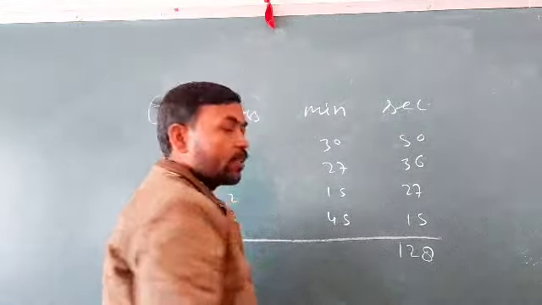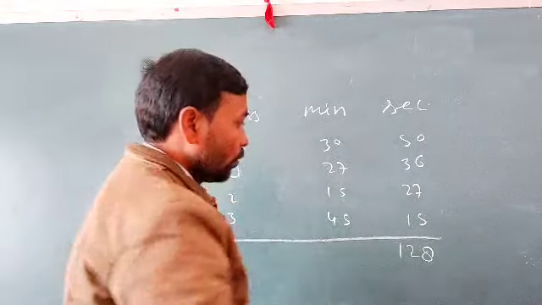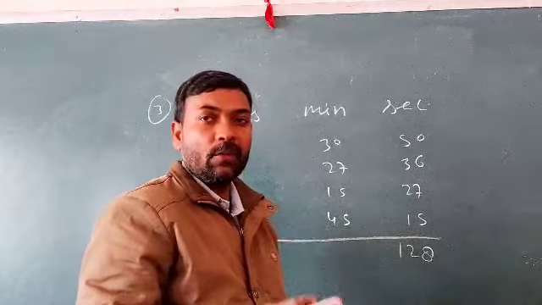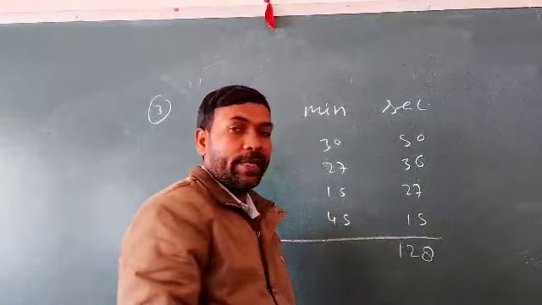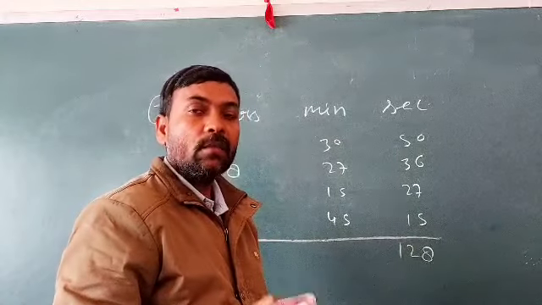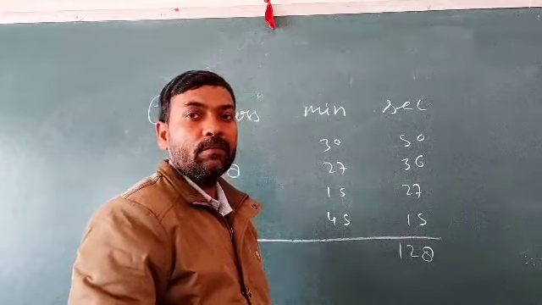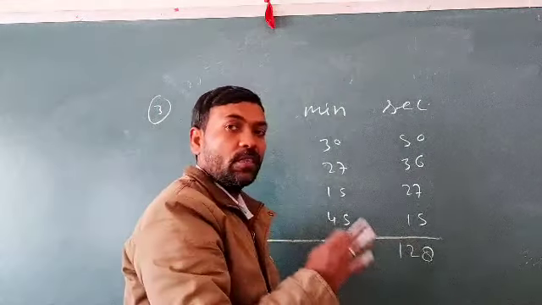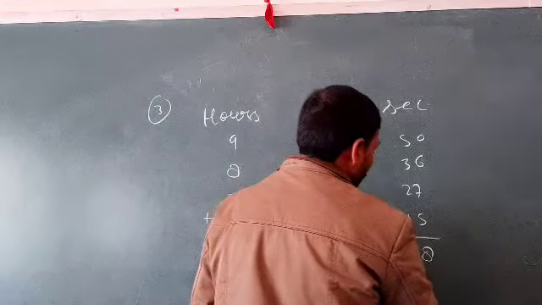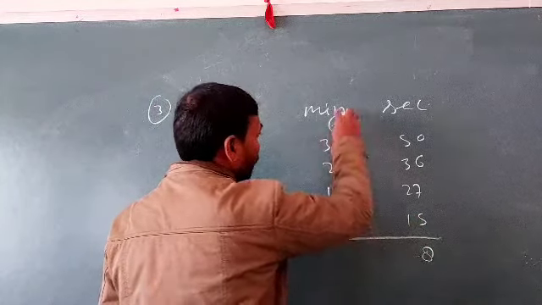So 128 seconds can be converted into minutes and seconds. 60 seconds make 1 minute, 120 seconds make 2 minutes. So in 128 seconds there are 2 minutes, and 8 seconds will be the remainder. So here we write 8 seconds and we write 2 minutes in the minutes column.